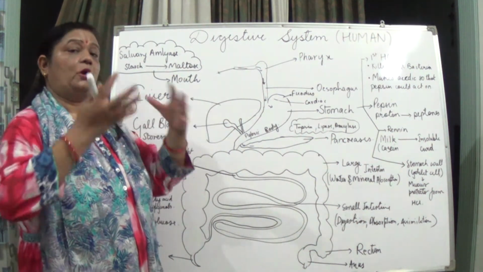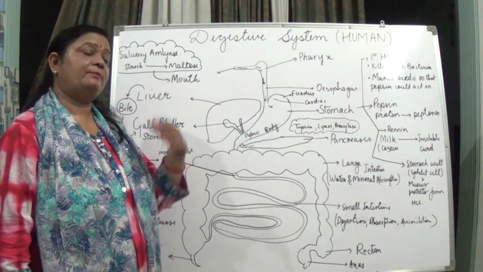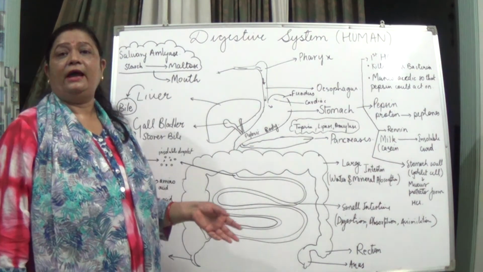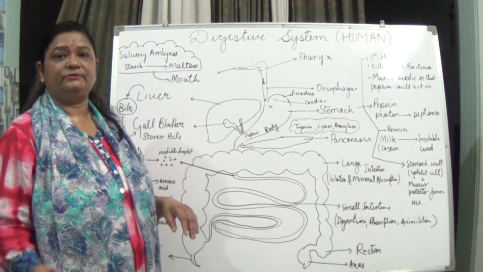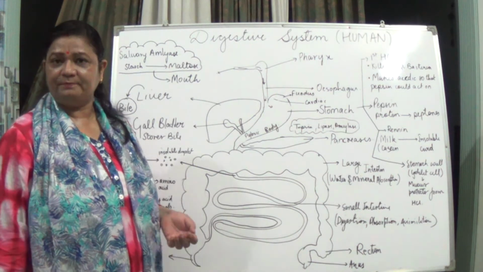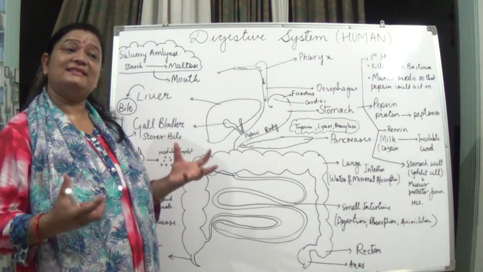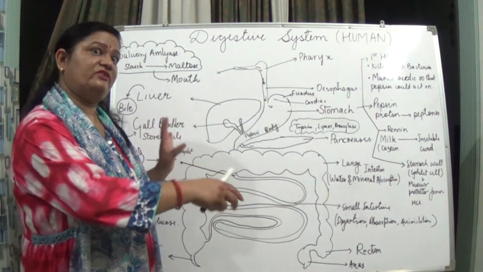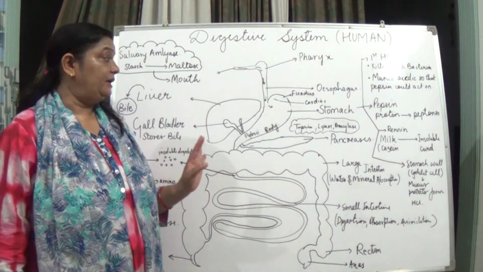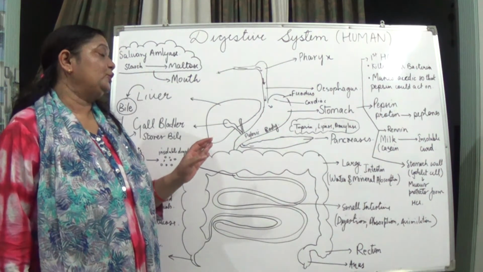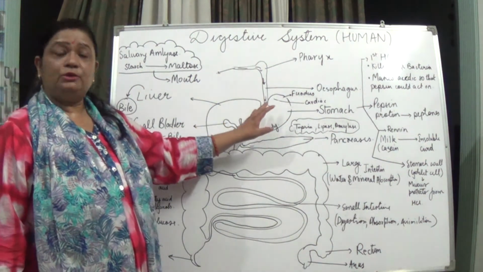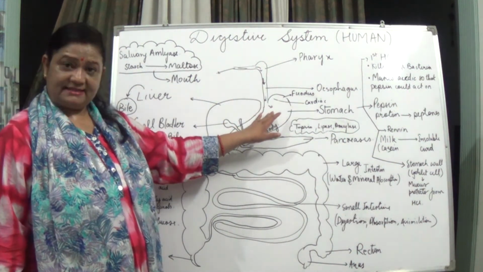Suppose a party is there and you have eaten too much, next morning you'll be complaining of acidity. Why? Because too much acid is secreted in order to digest whatever you have eaten last night. So these are the two reasons for acidity.